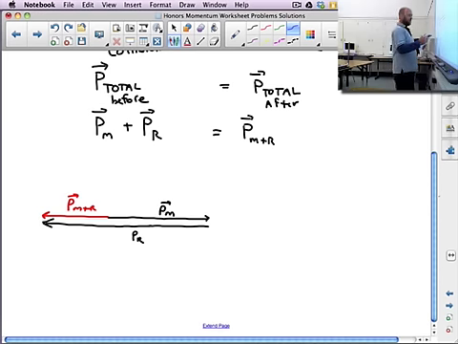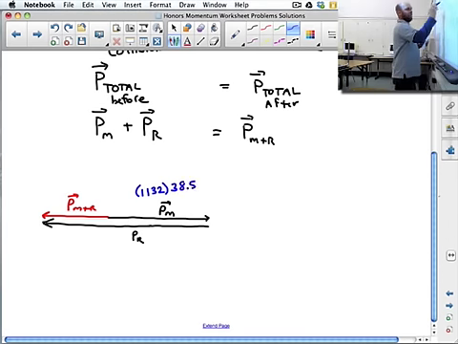So in the beginning, before the collision, the Mini, we're talking about 1132, that's the mass, times 38.5, that's the velocity, and that will give us the momentum initially of the Mini.